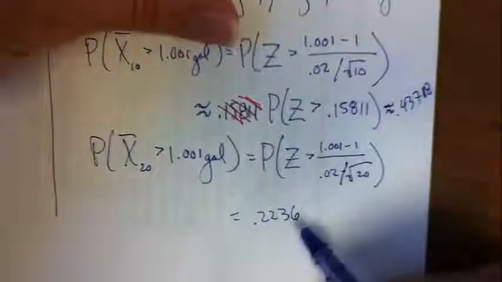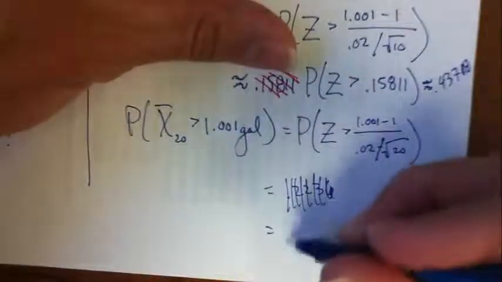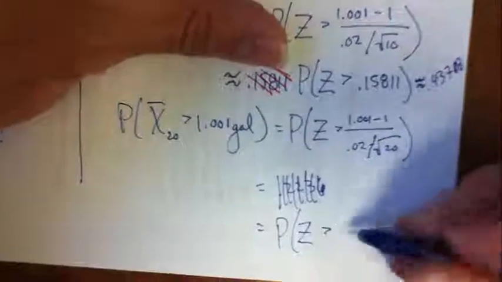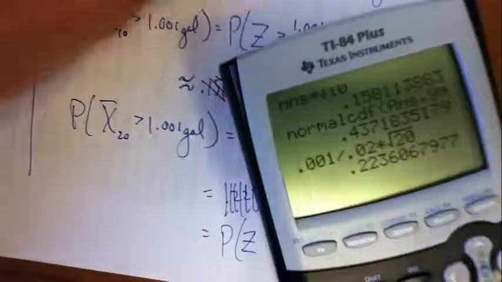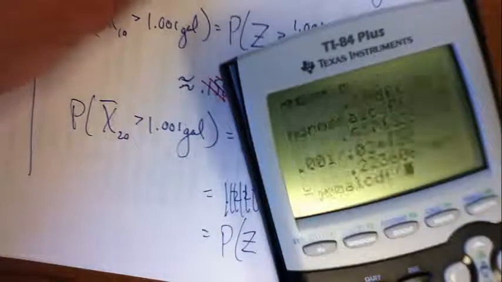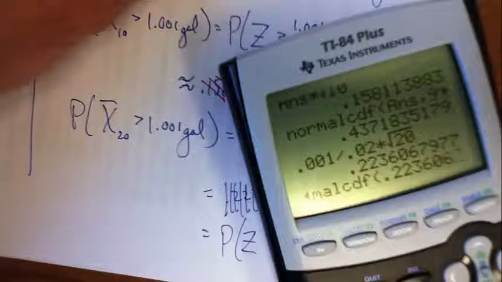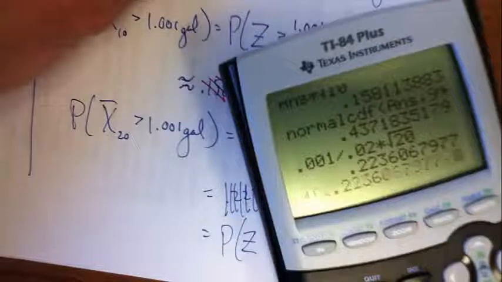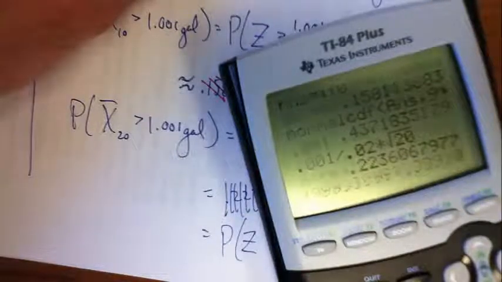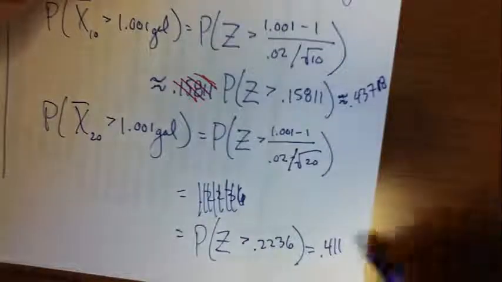Did it again. Be careful. You guys have got to be careful with that. It's the chance that a standard normal exceeds 0.2236. So it's about 0.411. Okay, it is smaller, not a lot smaller, but a little smaller.